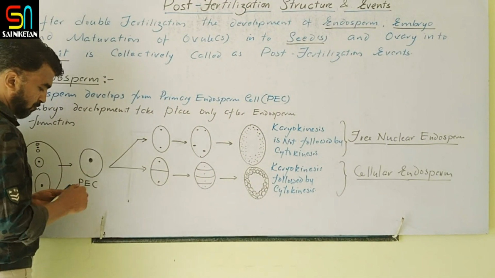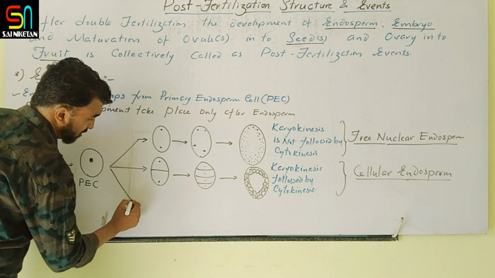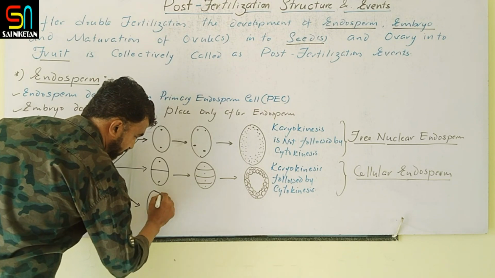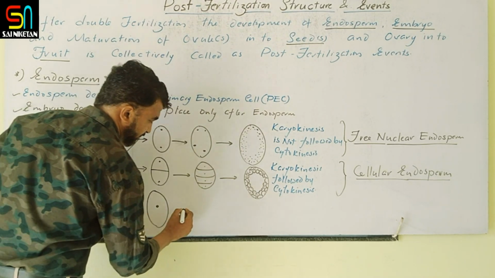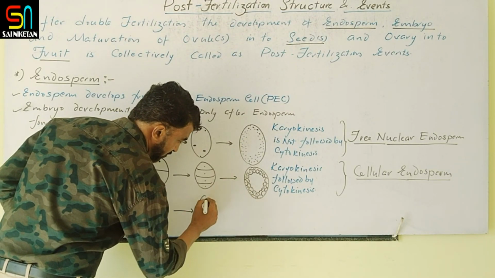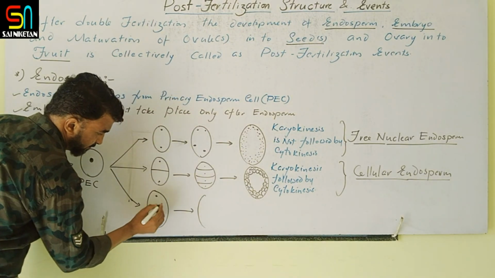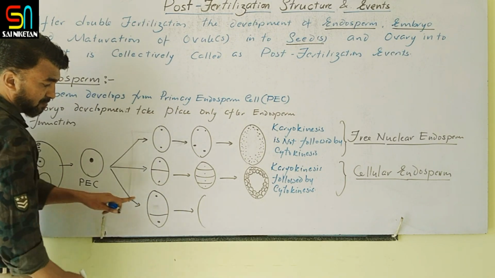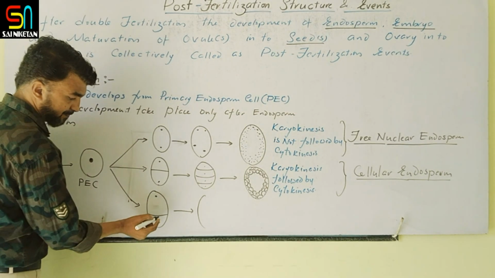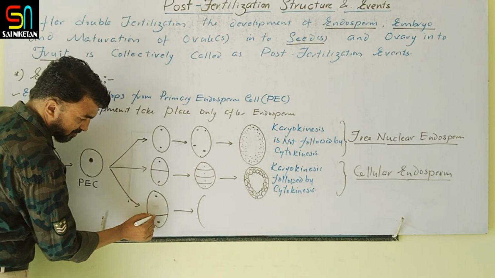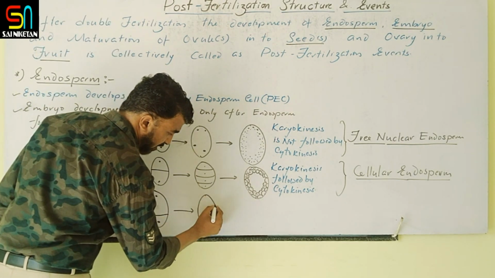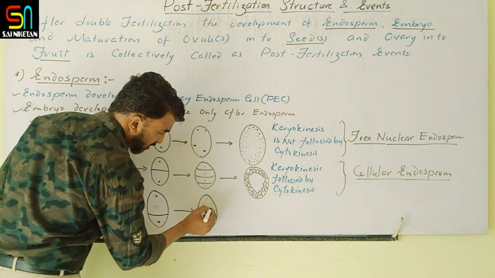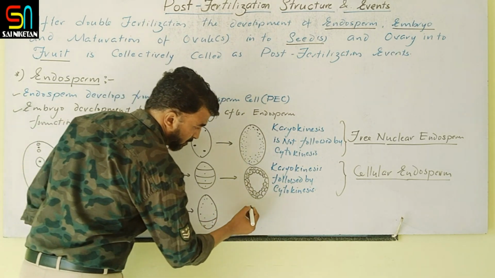In between, one more hybrid type is there, that is called a helobial endosperm. If the primary endosperm nucleus undergoes first nuclear division followed by cell wall formation, but this is the micropylar end and this is the chalazal end. Only during the first division is a cell wall formed. After that, further divisions are again free nuclear divisions.